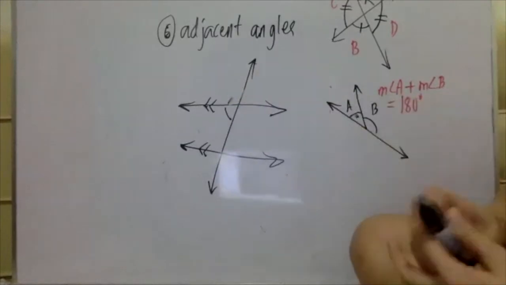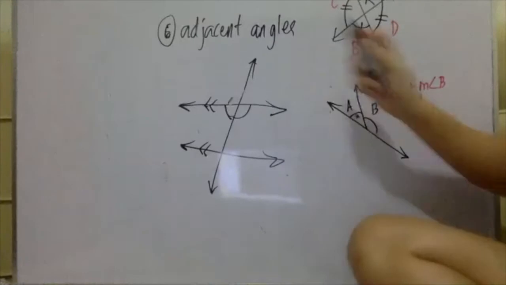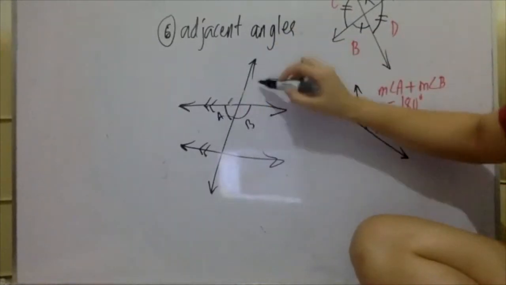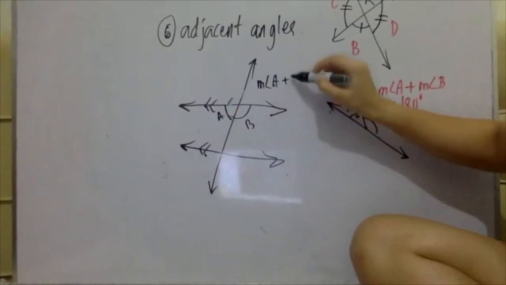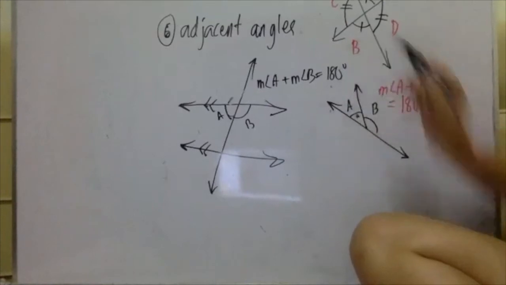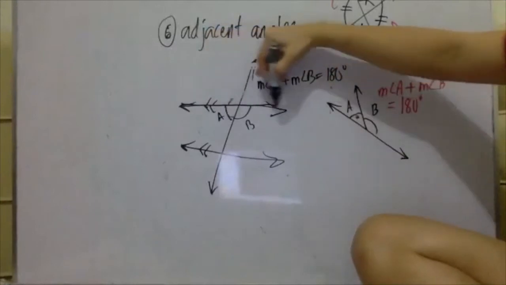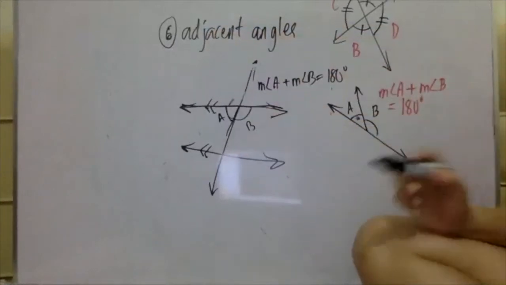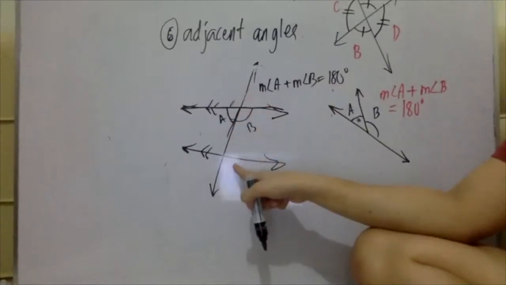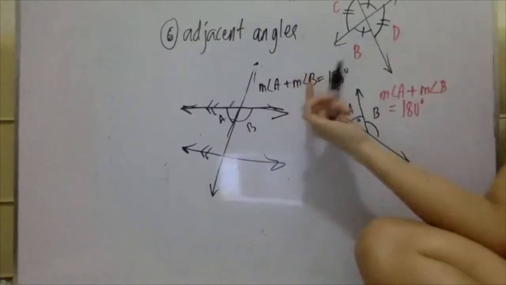Pwede rin ito, this one and this one. Magkatabi sila. So, whichever angle na magkatabi, ang sum nila, let's say angle A, angle B, measure of angle A plus measure of angle B is always equal to 180 degrees. Dito, obvious naman kasi meron kang linear pair. Right? Okay, so ito lahat, 180. So ito at ito, basta magkatabi, ang sum ng angles nila is 180 degrees.